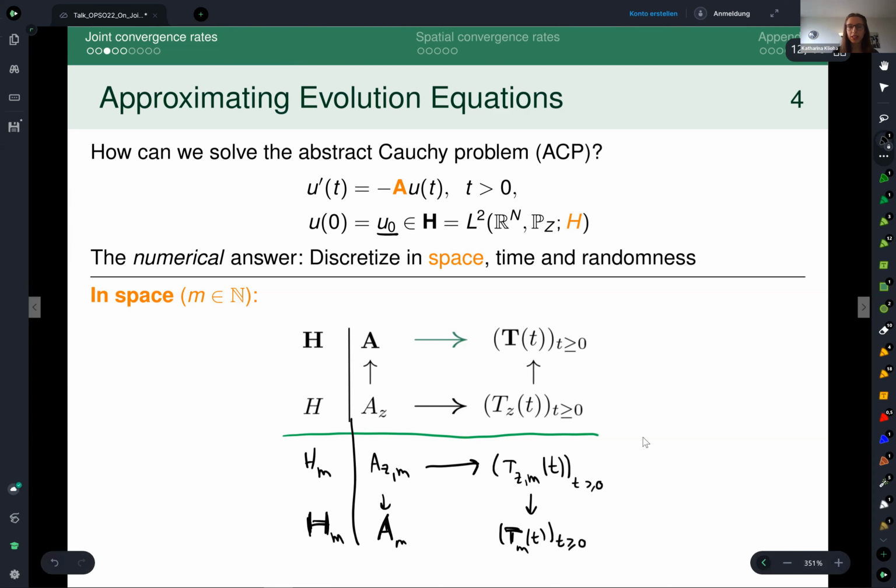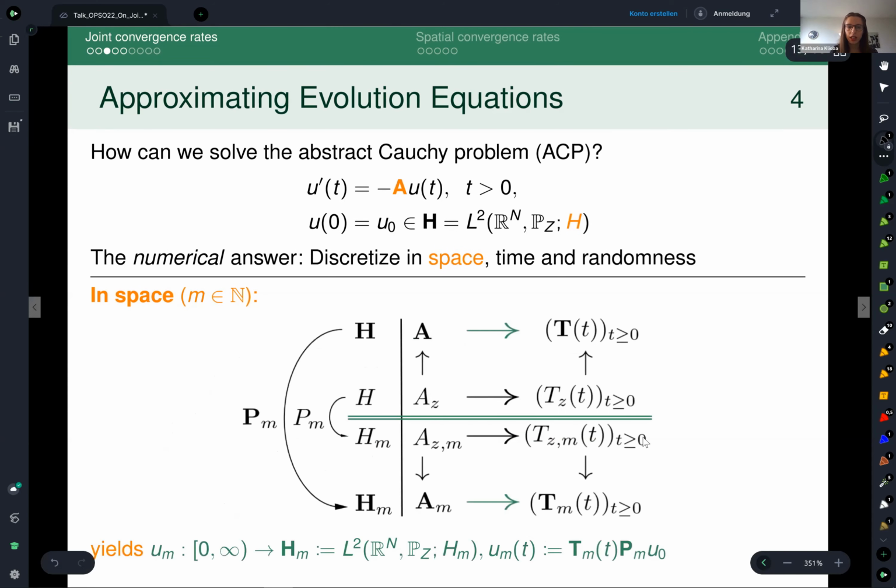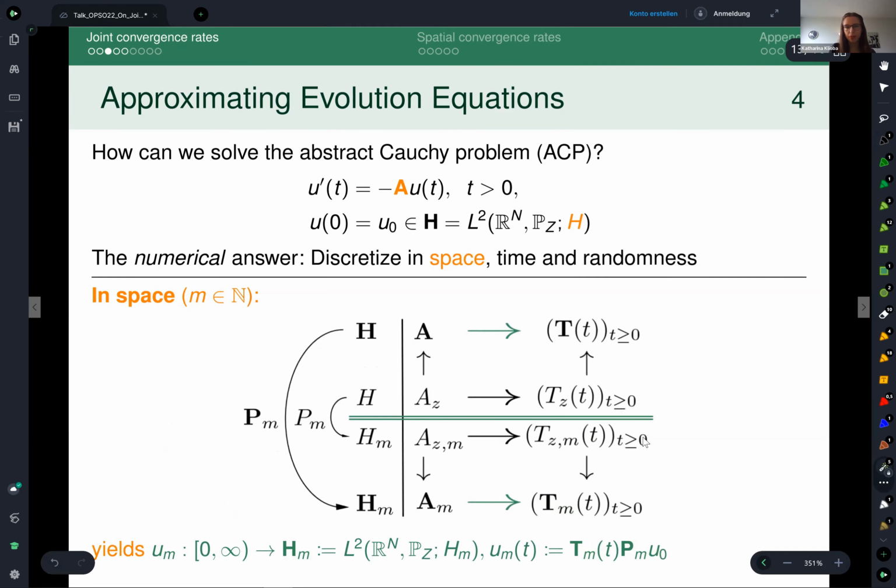Of course, our initial datum is not a priori in these spaces, so we need to project down. So let P_m just be the orthogonal projection here. And correspondingly, we have a bold P_m between bold H and bold H_m. And if we do so, we obtain a spatially discretized solution, now mapping to H_m as a subset of H, by just applying the approximating semigroups on the whole space to the projection of the initial values.